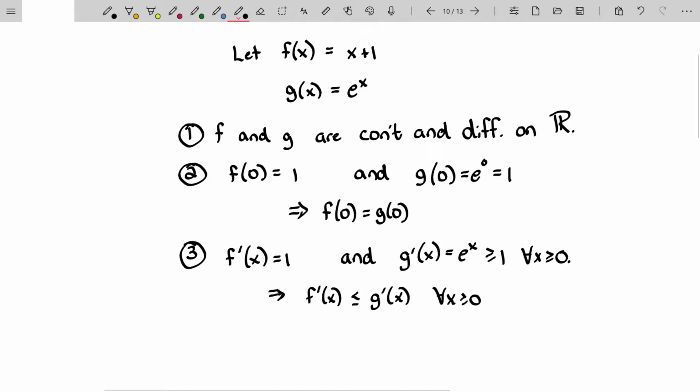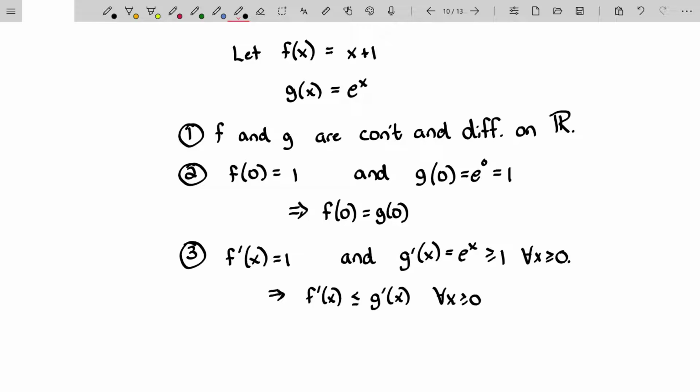So we have those three conditions met. We have continuity and differentiability. We have the two functions equivalent at the beginning, although the faster function, g, could be slightly ahead. We would be okay with that. I just didn't want to use that example here.